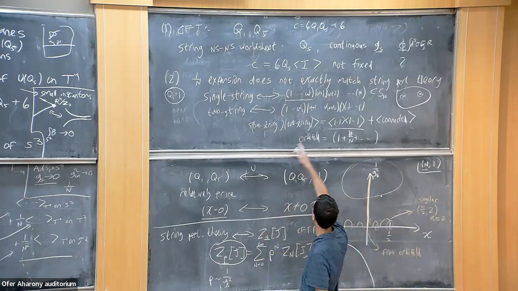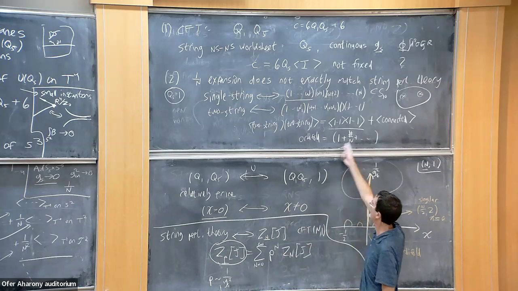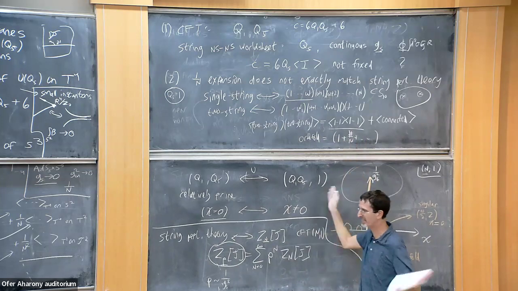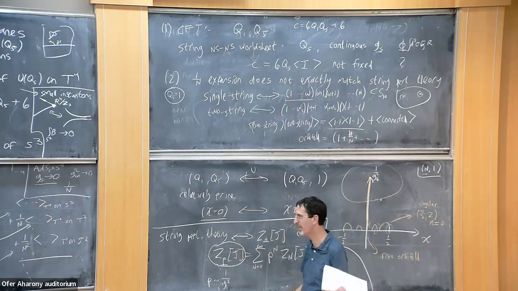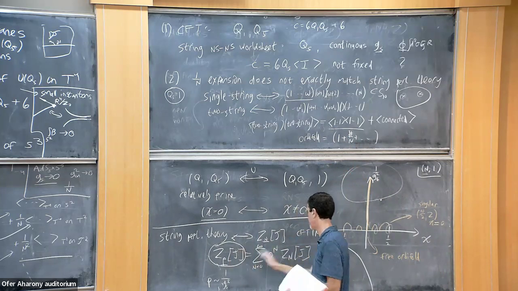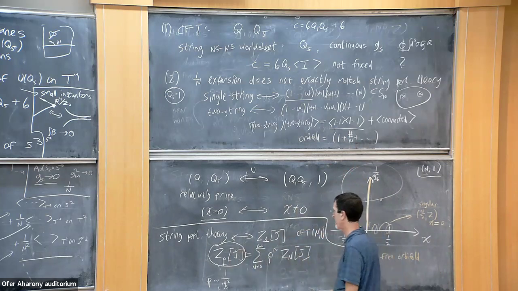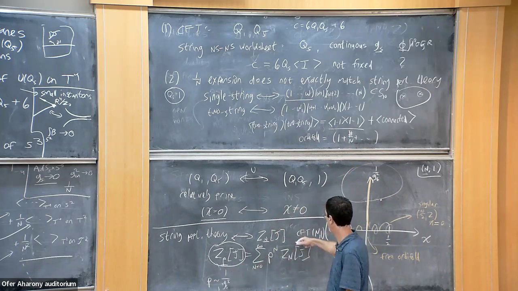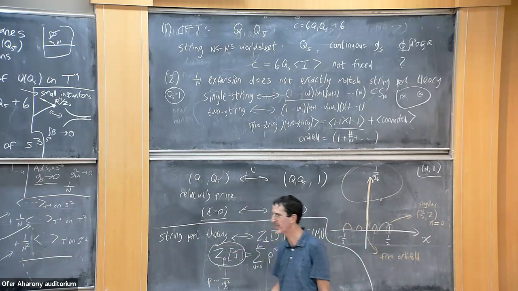And one can show that when one looks at these correlation functions and does their transform to the grand-canonical ensemble, then in that ensemble, these two string states do exactly factorize with a coefficient which is exactly 1, such that we do indeed have a precise match of all the correlation functions to all the orders in perturbative expansion in p between the free orbifold side and string perturbation theory.